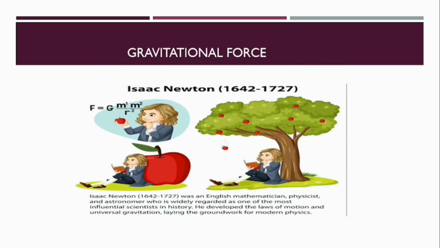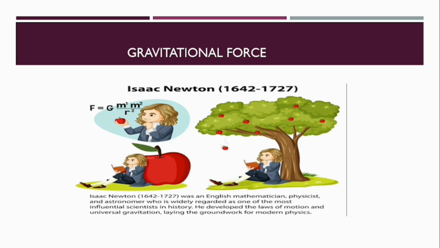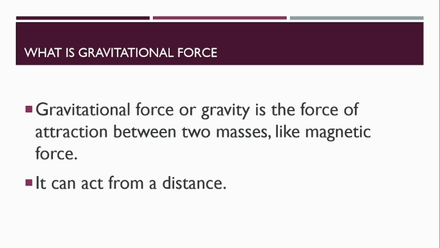Okay, so now we will study about each type of force one by one. So first of all, gravitational force. Students, gravitational force or gravity was discovered by Isaac Newton. He discovered gravity and which laid the groundwork for modern physics. So gravitational force or gravity is simply the force of attraction between two masses.